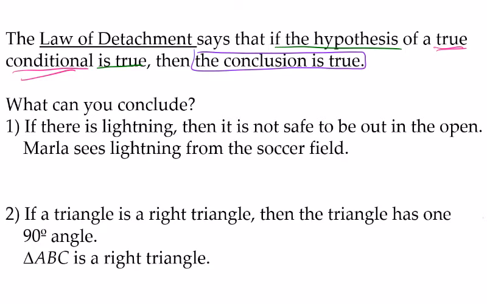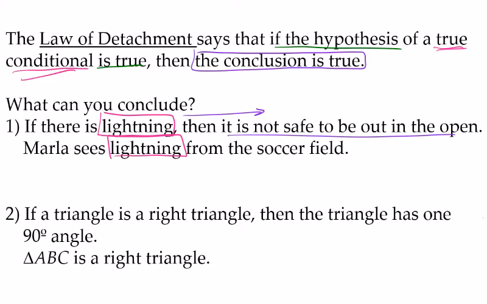If there is lightning, then it is not safe to be out in the open. So then Marla sees lightning from the soccer field. Okay? So remember, if we're assuming this is true and the hypothesis is true, so we see lightning, that means we can conclude that it's not safe to be out in the open, right?